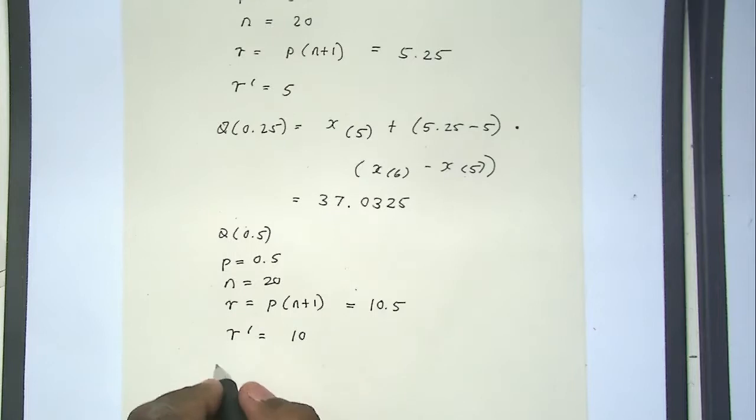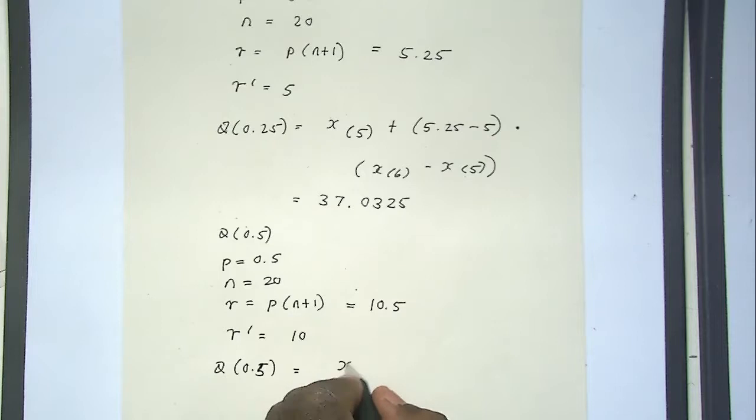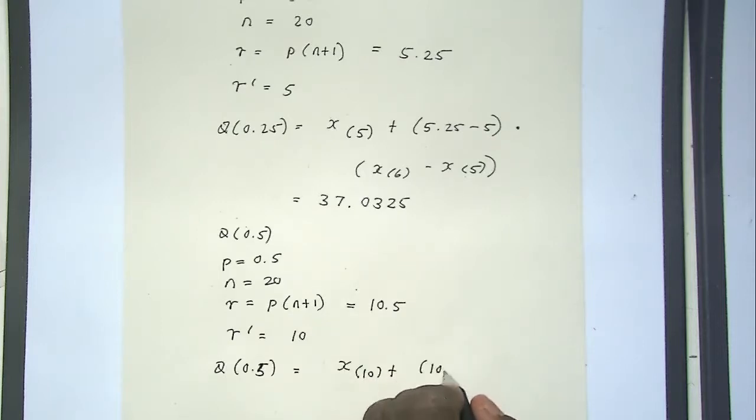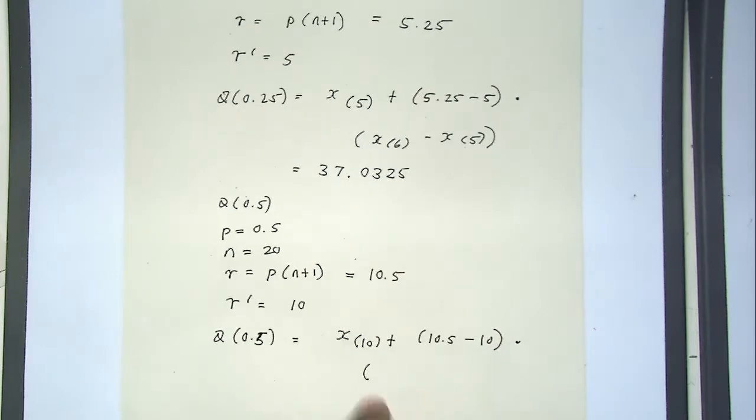So your Q at 0.5 is X 10 plus 10.5 minus 10 multiplied by X 11 minus X 10.